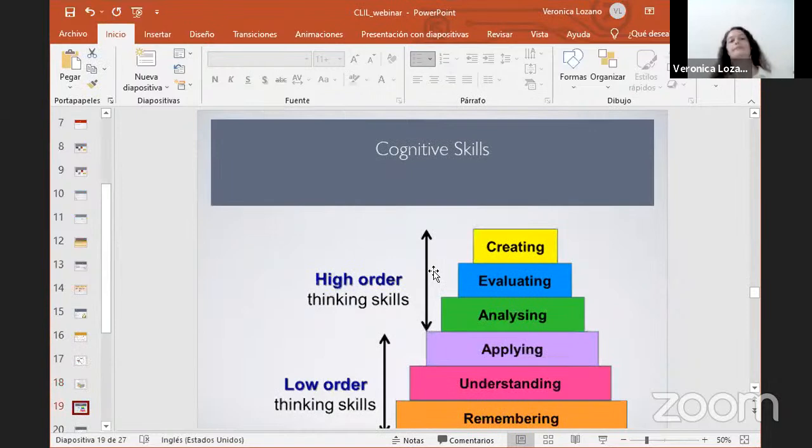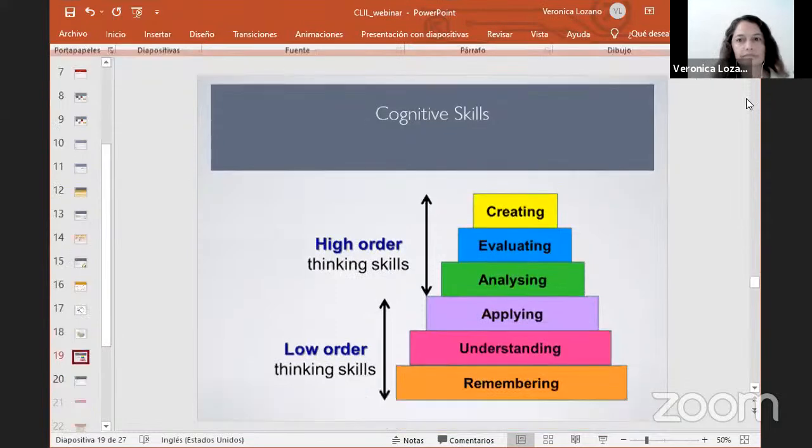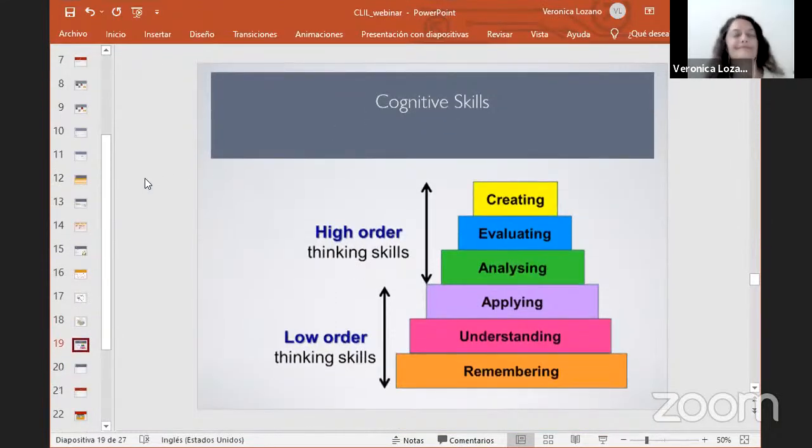Okay, good. Then let's see. Okay, another way to support content learning is to help students identify or distinguish between low order thinking skills and higher order thinking skills.